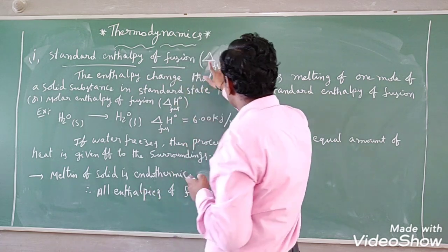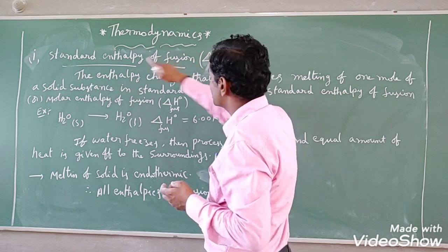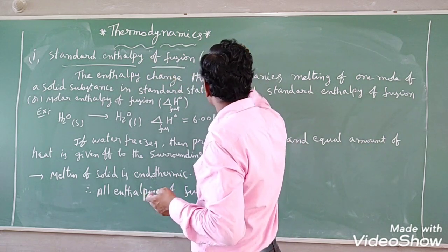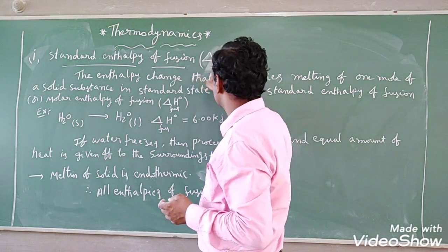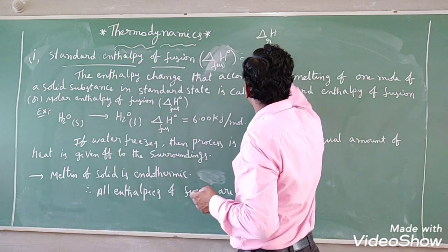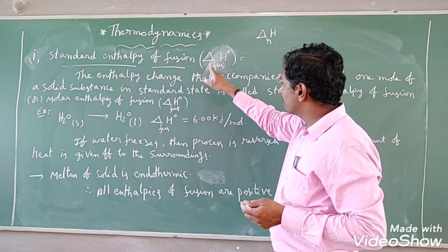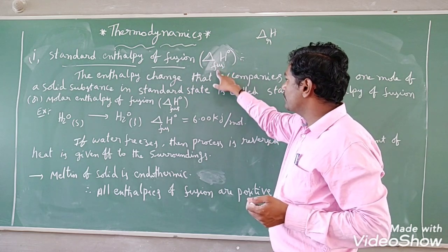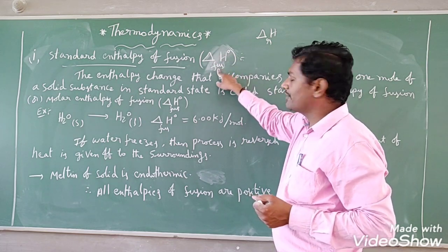Enthalpy change is represented with delta H. Standard conditions we represent with delta H naught. For the fusion process, FUS. Enthalpy change of a reaction we used delta H R. Enthalpy change of fusion means delta H FUS. Standard enthalpy of fusion means delta H naught FUS.